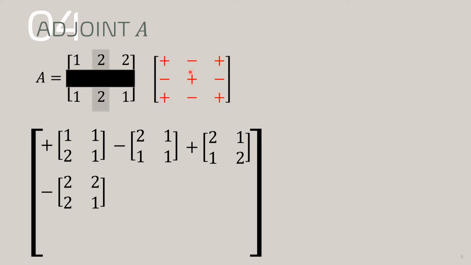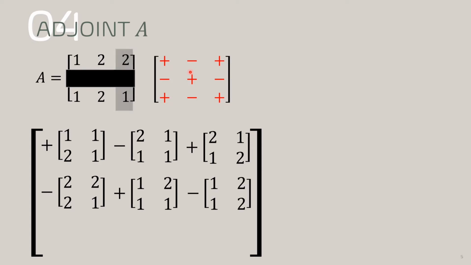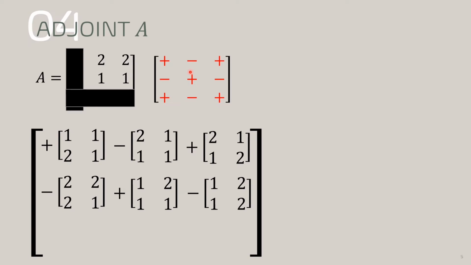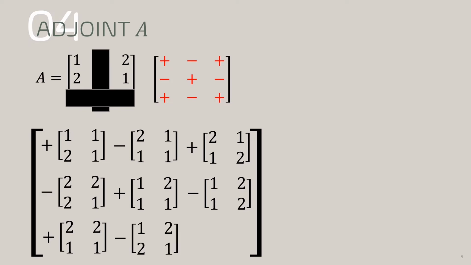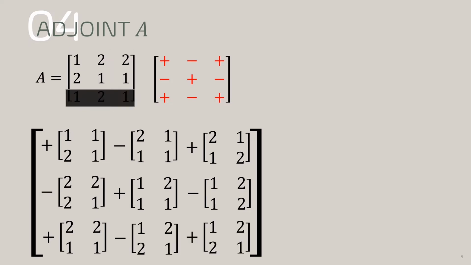Second row, first column, second column, and also the third column. And lastly, the third row and the first column, second column, and also lastly, the third column. So that's how we find the cofactors.